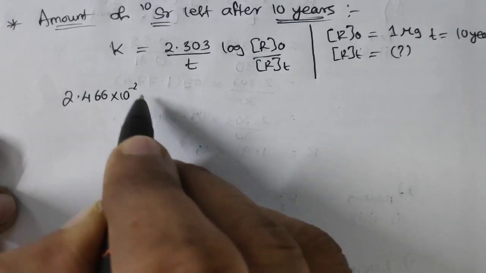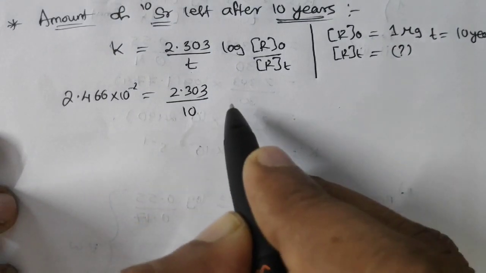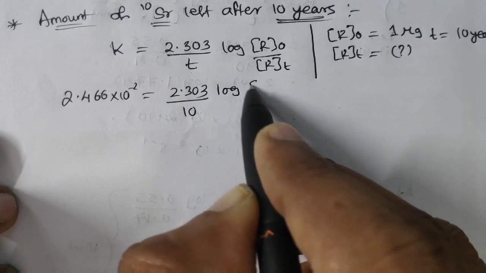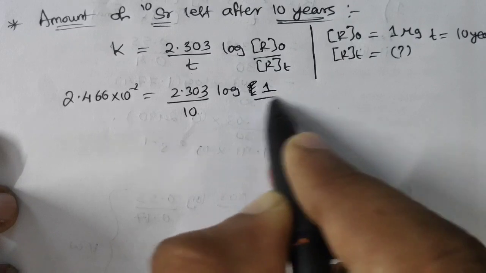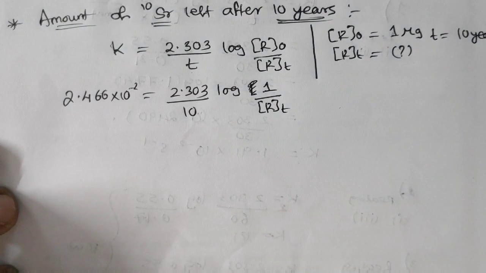So now K we found out, that is 2.466 into 10 raised to minus 2, is equal to 2.303 by T, 10 years, into log 1 upon RT. Understood?